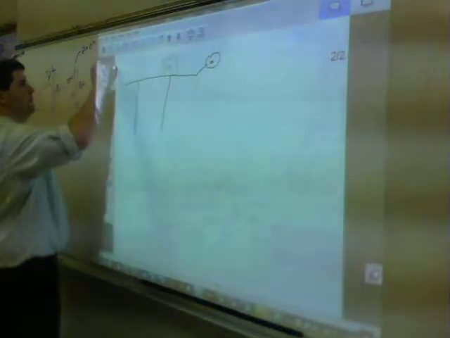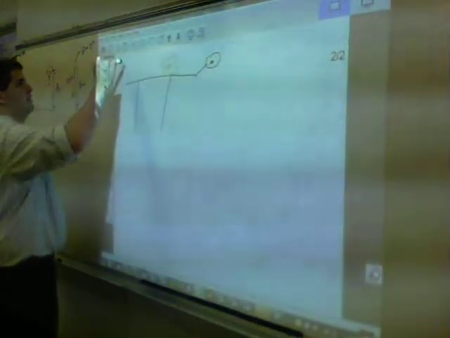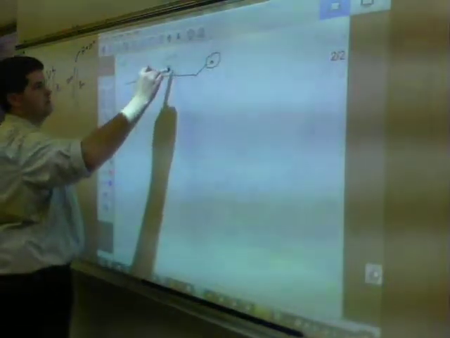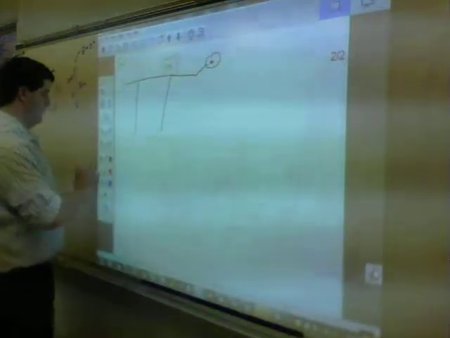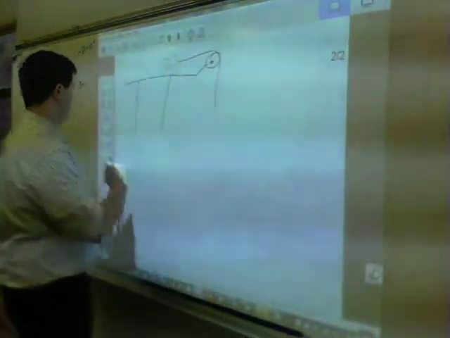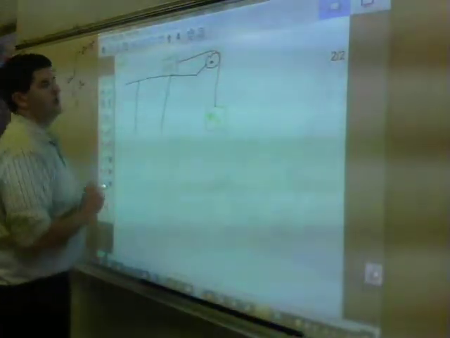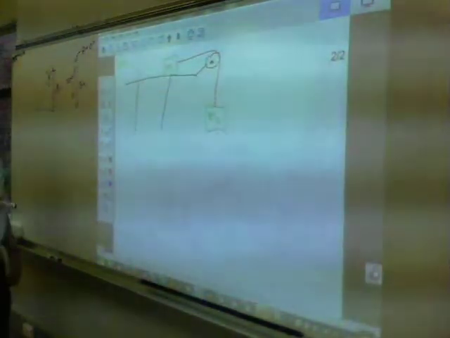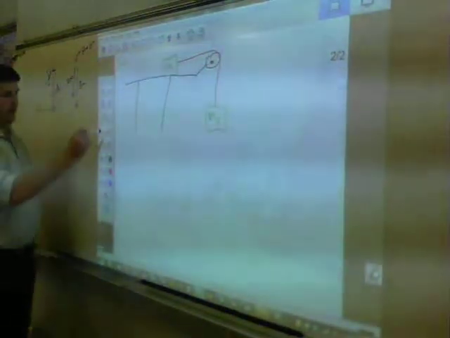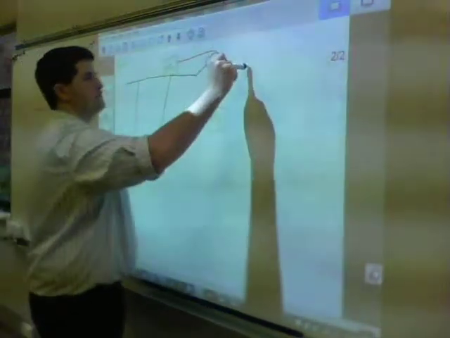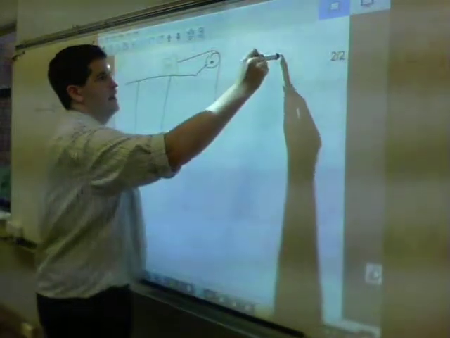We have M1 hooked up to a string. Then we have M2 on the other end of the string hanging there. All we know is that M2 is greater than M1.